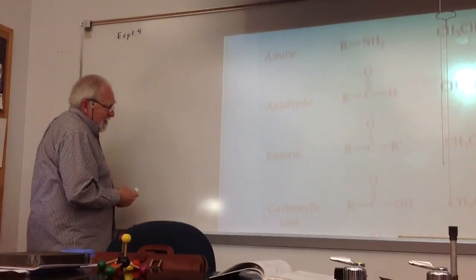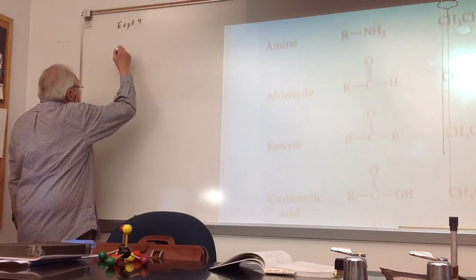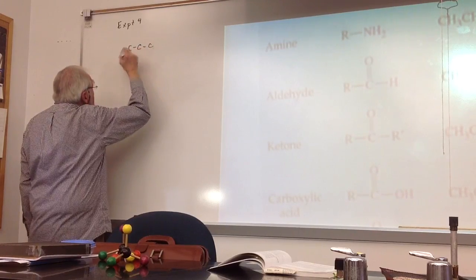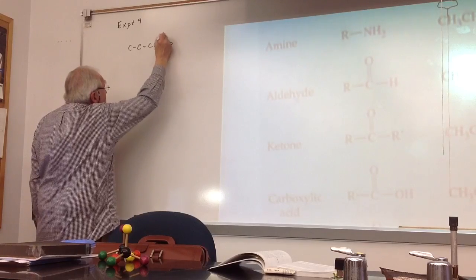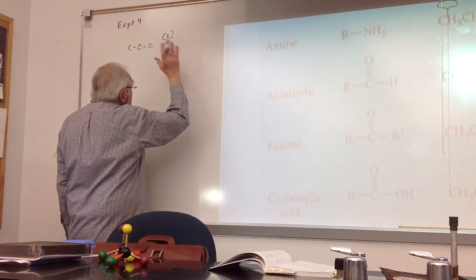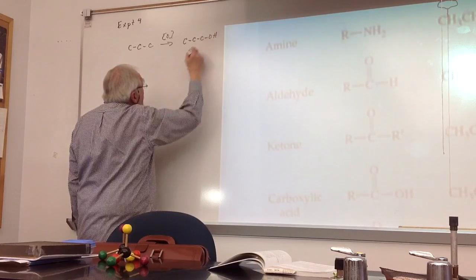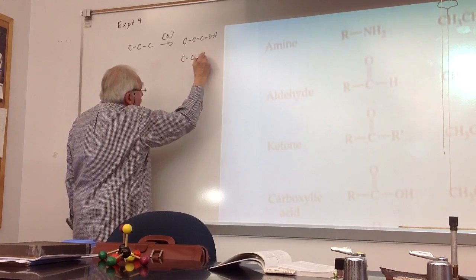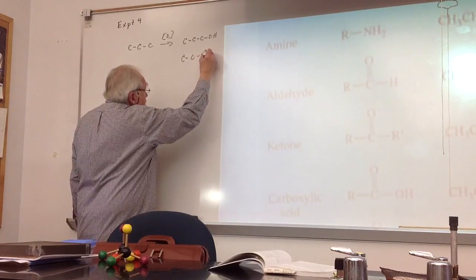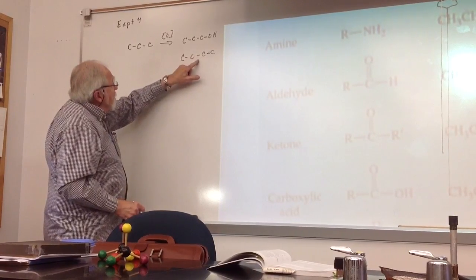And I said the easiest thing to think about there is you're doing an oxidation reaction. So if I take the 3-carbon chain, I can either make an alcohol, depending on the reagents I use, or I can make this thing, where you have a single bond between carbon on each side of the oxygen.